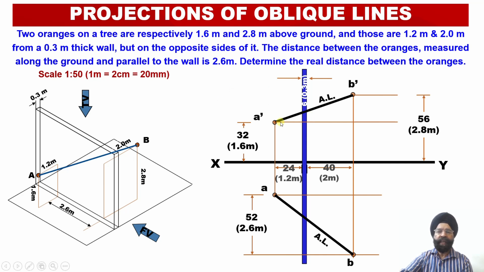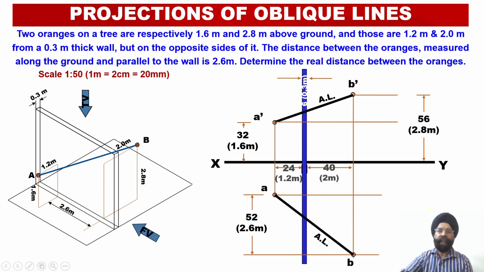Here we can see this is an oblique line AB in which A dash B dash is inclined to HP. AB, the top view projection, is also inclined to HP. So none of these projection lines are parallel to the XY reference line. And we are going to get apparent length projections in the front view as well as in the top view.